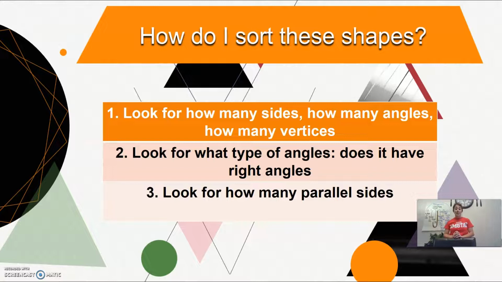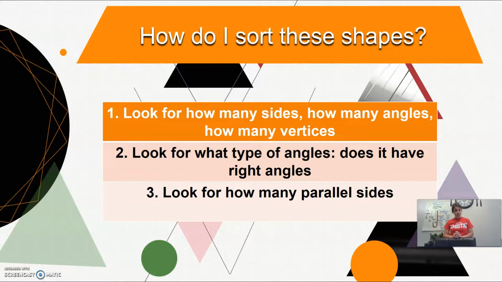The second step is, what type of angles does it have? The question is, does it have right angles? Because if I'm looking at a quadrilateral and I know it has right angles, then I know it is either going to be a rectangle or a square or a type of rhombus. And then I'm going to look for how many pairs of parallel sides.